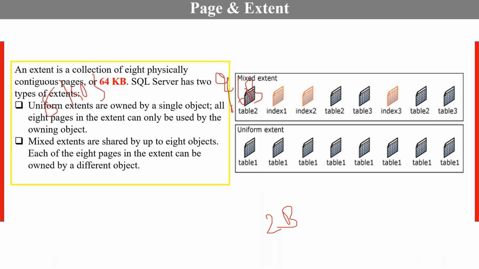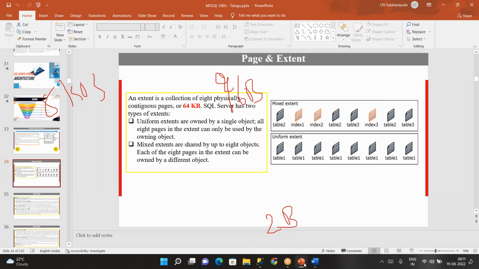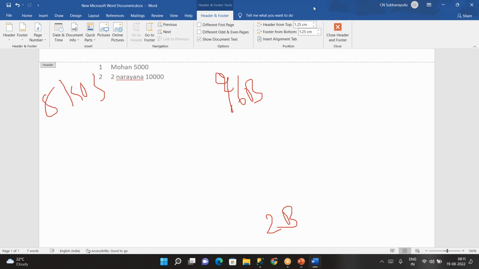And one more important concept is here, that is extent. Extents are very simple, sir. 8 continuous data pages will be called one extent.